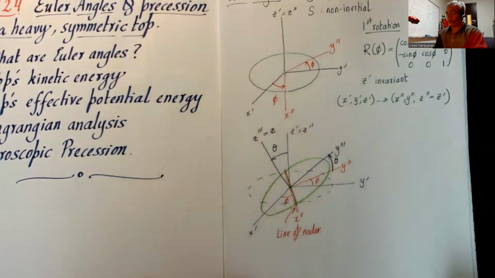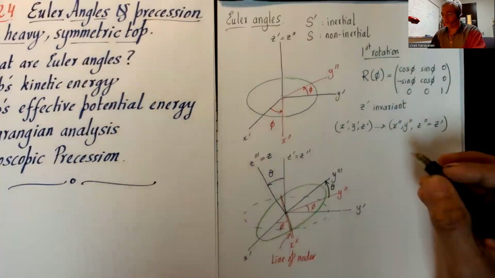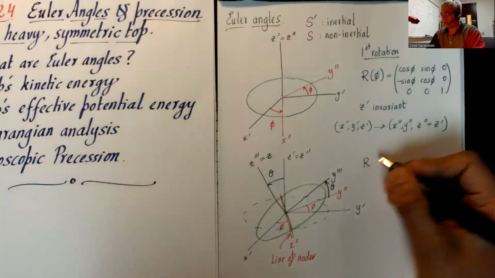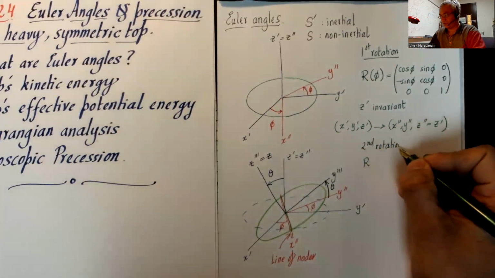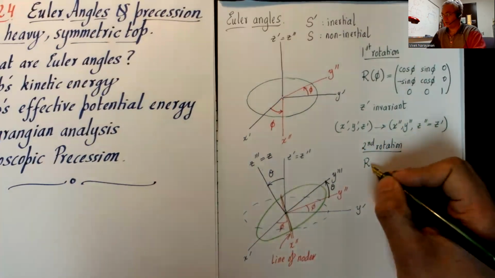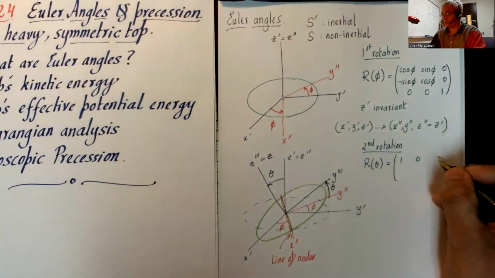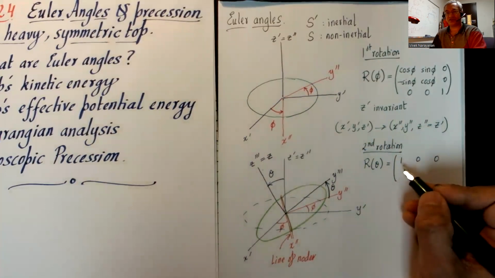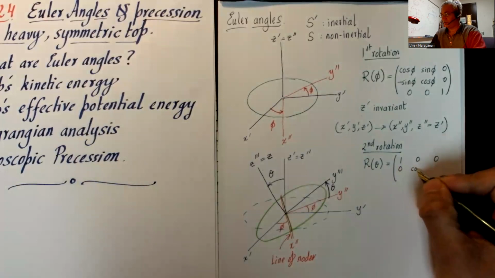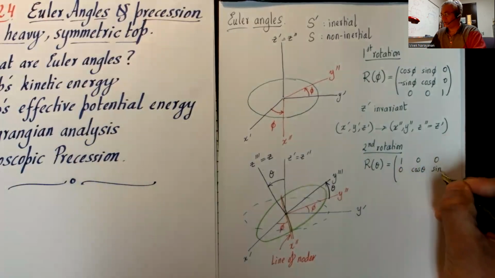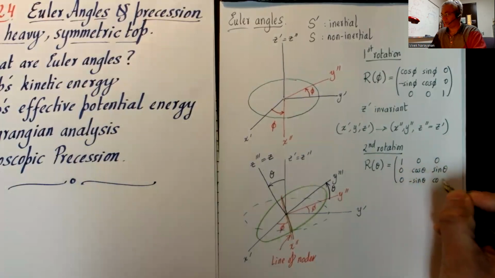The second rotation can be described by the following matrix. This time, since the x-axis is unchanged, I don't change that coordinate. And then I have cosine theta, sine theta, 0, negative sine theta, cosine theta.